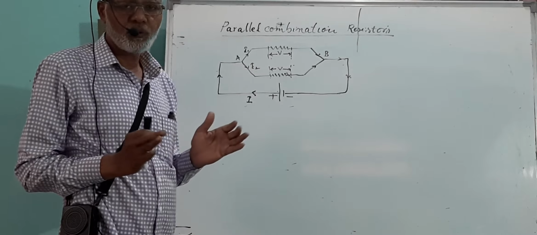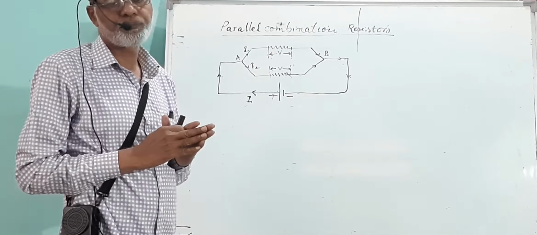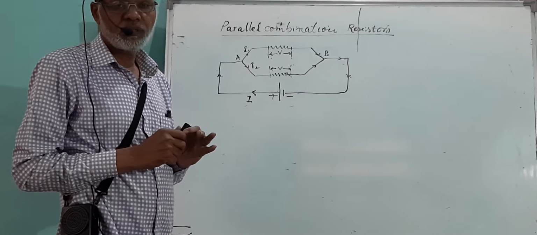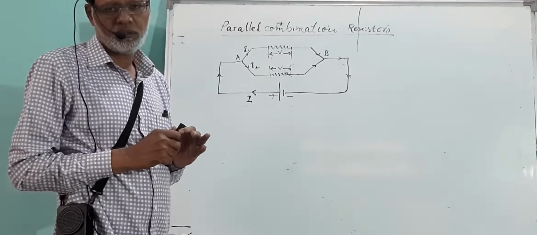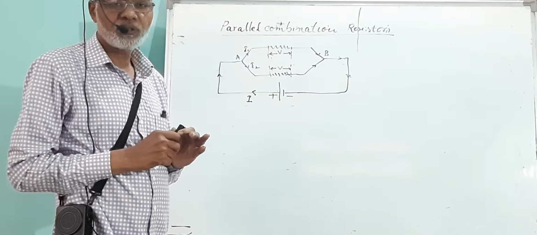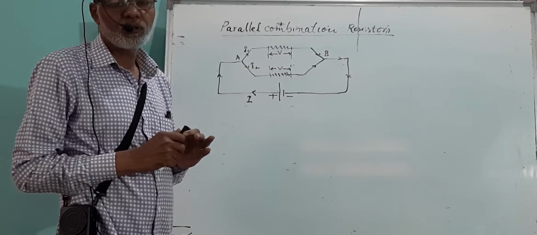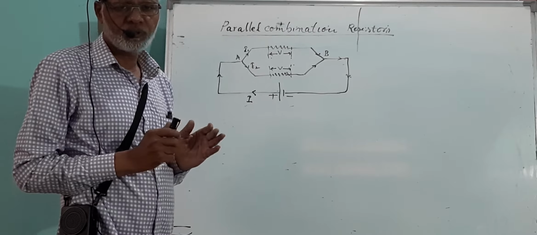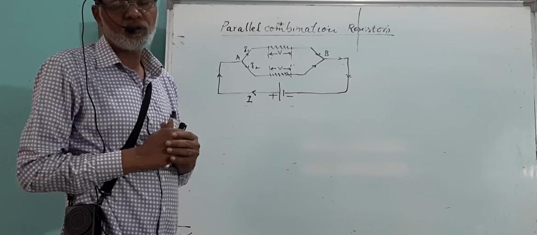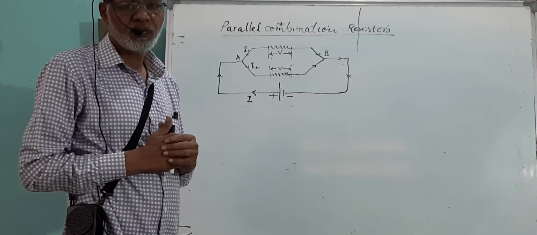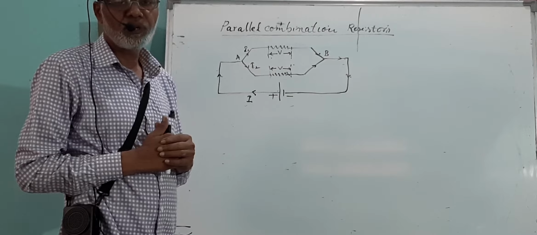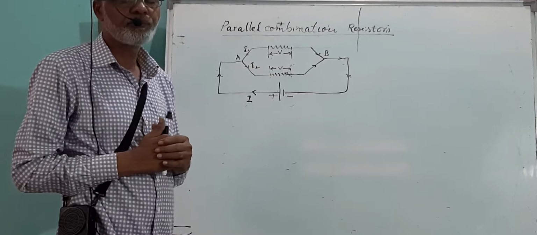Combination means you have to group or mix, is it? The second one is the parallel combination of resistors. The third one is the series-parallel combination of resistors, which is also referred to as the mixed combination of resistors.